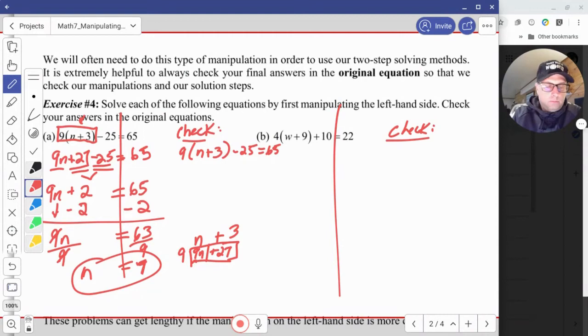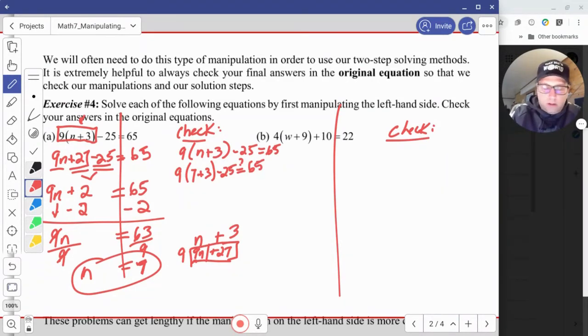Kind of spilling over into the other space, but I'll try to work around that. Anyhow, now substitute. So we think n is 7. So here we go. 9 times 7 plus 3 minus 25. Does that equal 65? That is the question to answer.